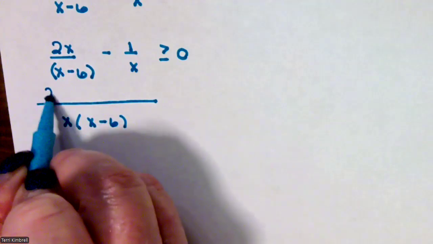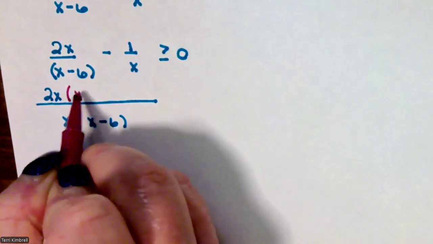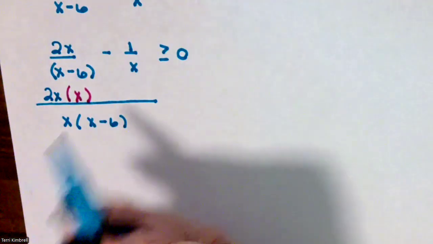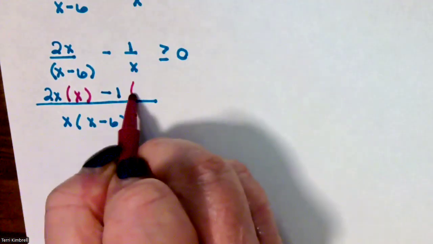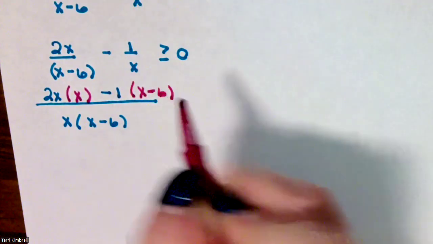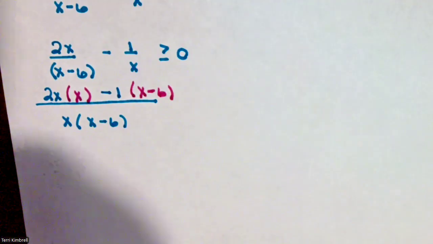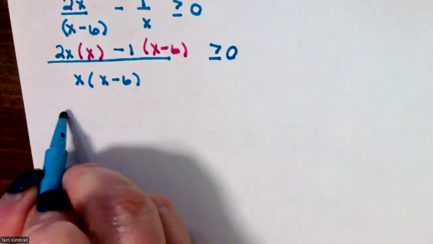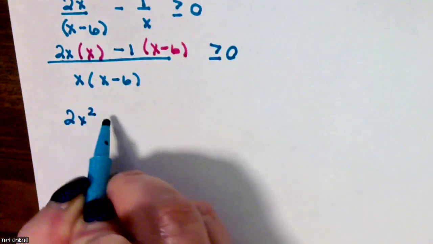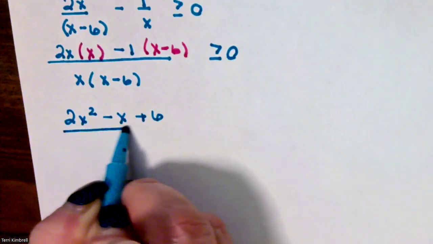So I'm going to take the 2x and multiply by x minus 1, and multiply it to x minus 6. So I'm multiplying by what each of the denominators did not have. So then I get a 2x squared minus x plus 6.